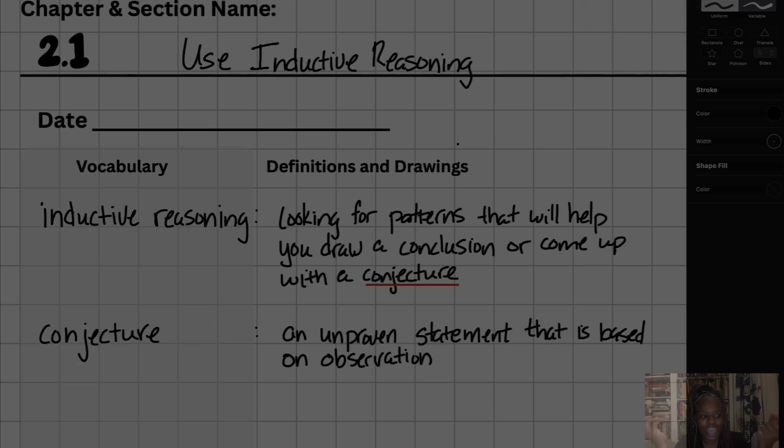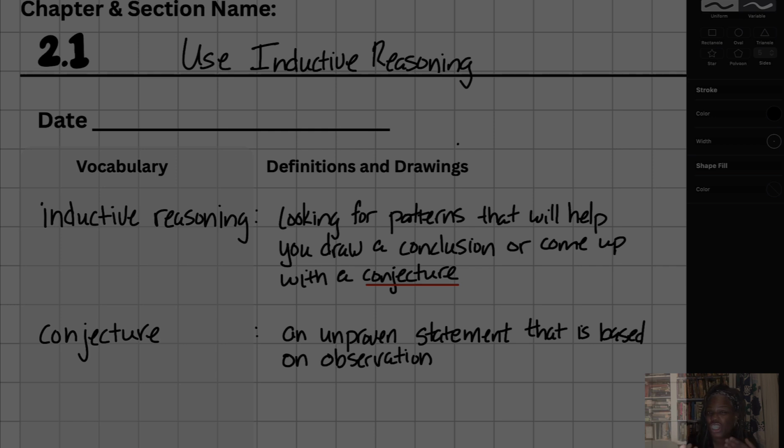All right, so let's see if we can define conjecture in a similar way. Your conjecture is really an unproven statement that is based on observation. Just like if I were calling out problems and I happen to be calling all the even problems out, 2, 4, 6, 8, 10, and you say, oh, she's calling out the next even number, definitely, because you're looking at that pattern. I could call out 13. It's not the next even number.